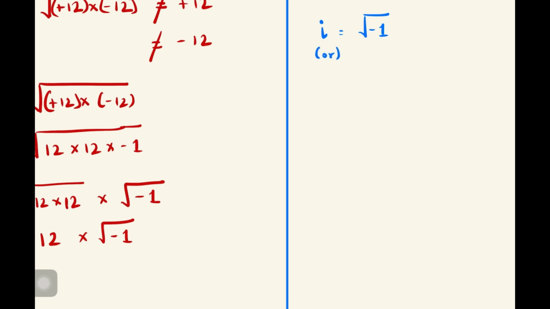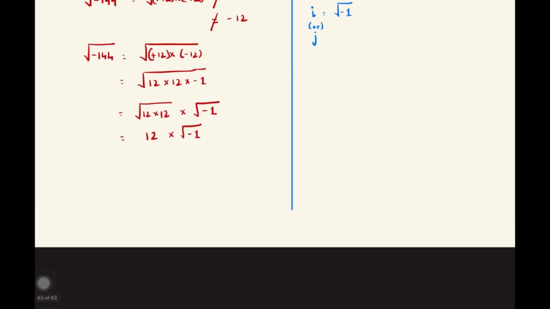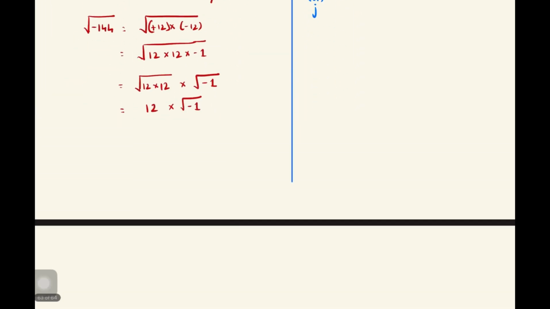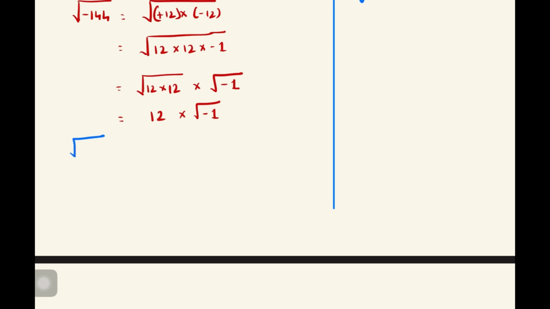Anything is perfectly fine. In this video, we'll be using i. If you want to use j, it's perfectly fine. So now you can write this as square root of minus 144 is equal to 12i, which is the use of complex numbers.